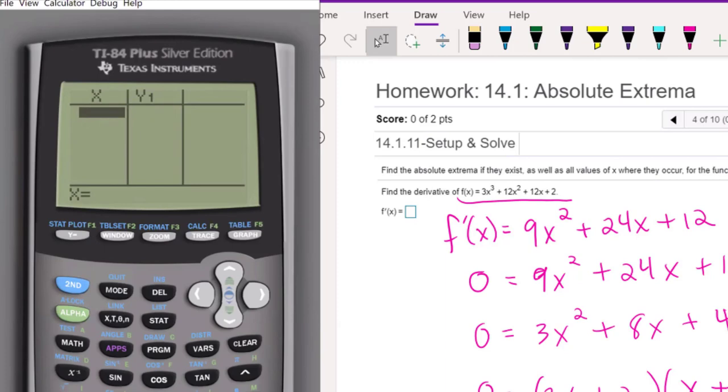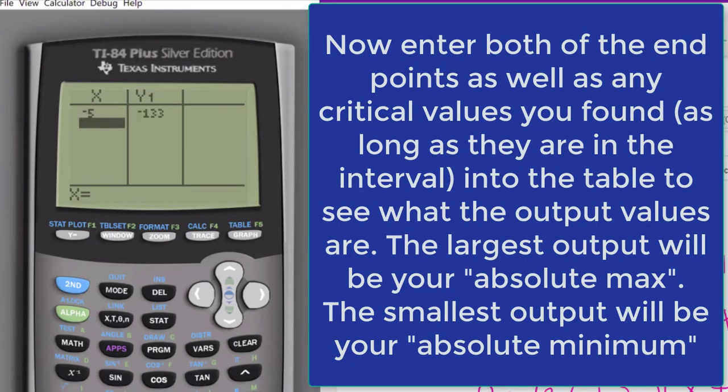I want to put in all of my values for the x's: your endpoints and your critical values. These will give you all the places where the absolute extrema can occur.